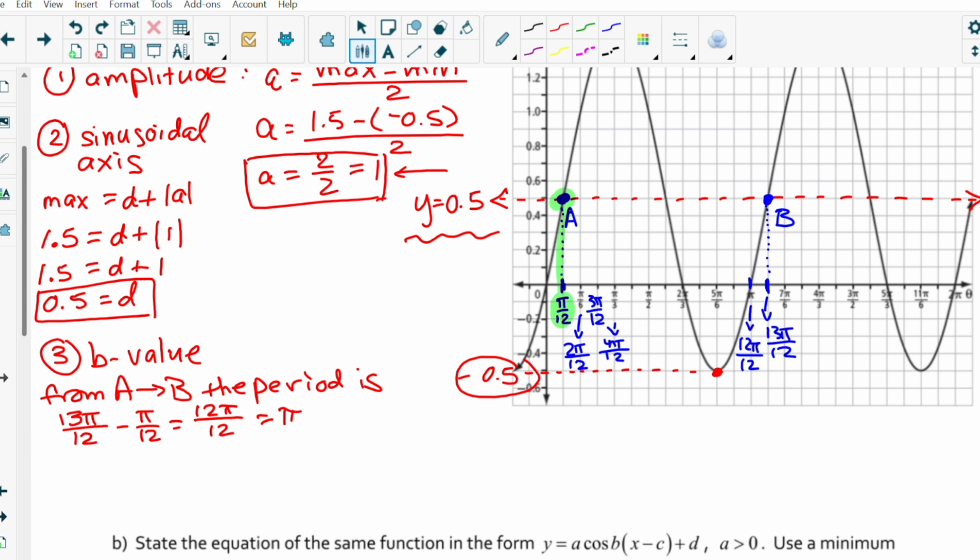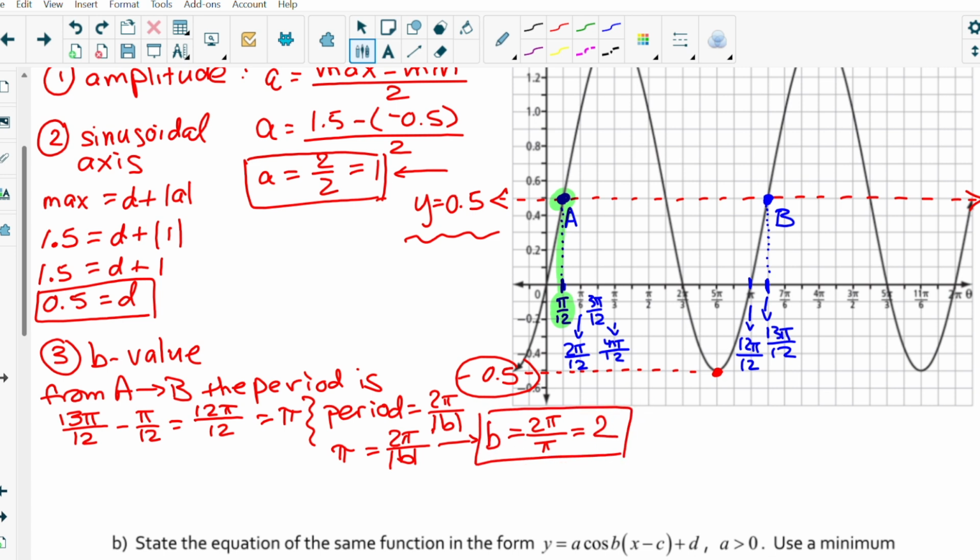But what is the b value? Remember, the b value is related to this. Period equals 2 pi over the absolute value of b. Remember that? So if my period here is pi, equals 2 pi divided by the absolute value of b, b equals 2 pi divided by pi. So my b value is just 2. Okay, so there's our b value. Nice and easy.